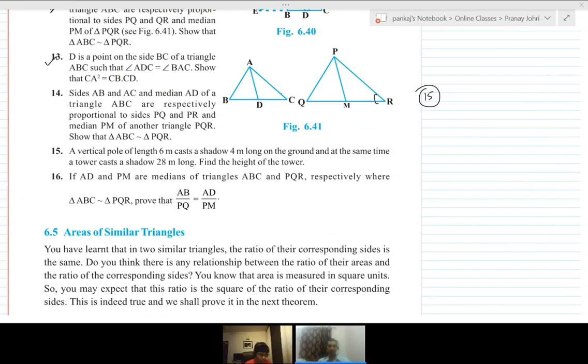Just tell me the figure, how to construct that. Yeah, so I made A, B, C.